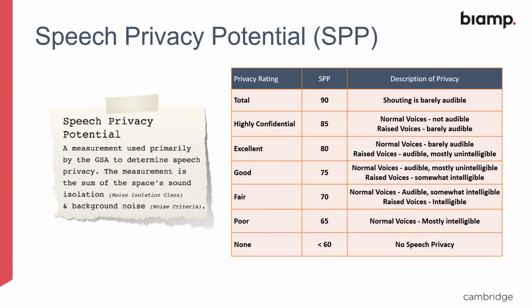And there are some figures in terms of how good or excellent a privacy rating is. Total privacy, an SPP of 90, means shouting is barely audible. That would be a combination of probably all the things we'll show in terms of creating it, but we'll get to that. Good privacy is when a normal voice is mostly unintelligible.